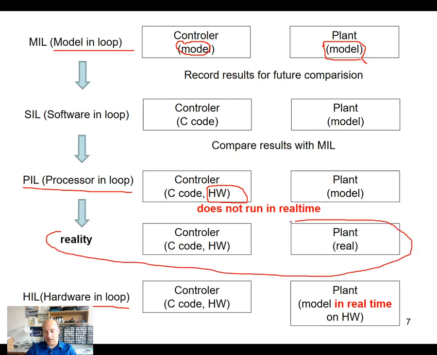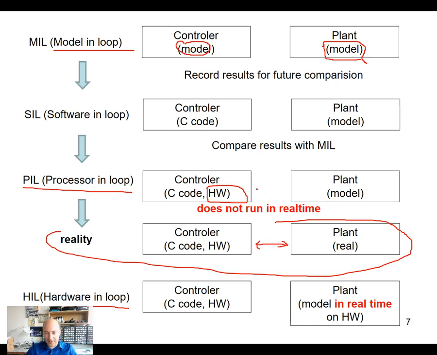This is what we want as the final product. We have a controller that is implemented in the hardware, and it's running with the real plant. Here we will have some communication signals. It could be sensors in the plant, controlled signals that are controlling the motor, or a signal that is switching relays and so on.